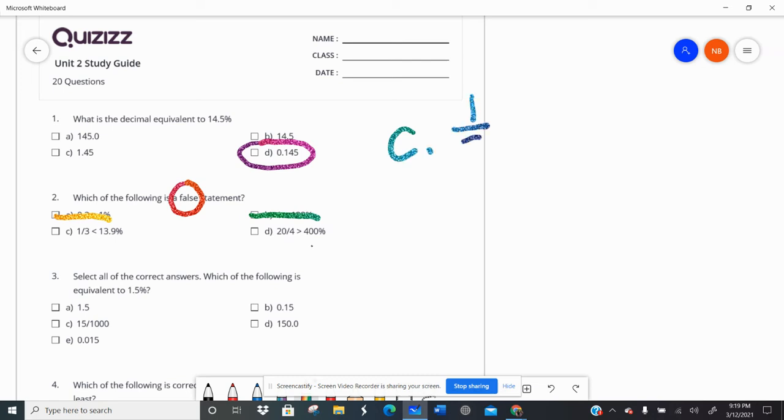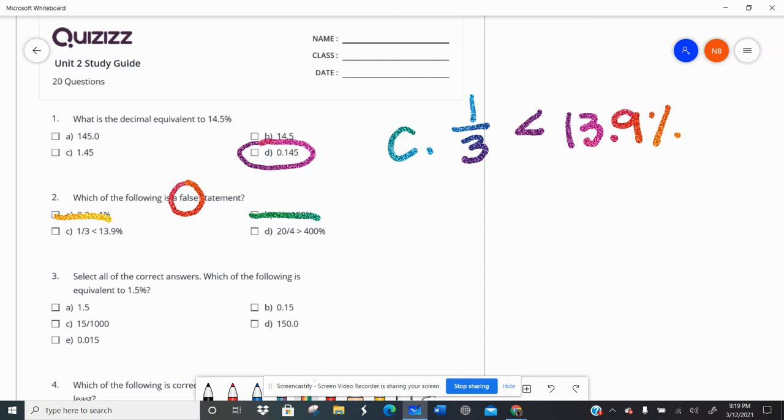So C says 1/3 is less than 13.9%. All right, 1/3 is a very common fraction. You don't necessarily have to do the long division if you know our common fractions like thirds and fourths and halves and fifths, right? Sometimes we just have to know the equivalent decimal to the fraction.